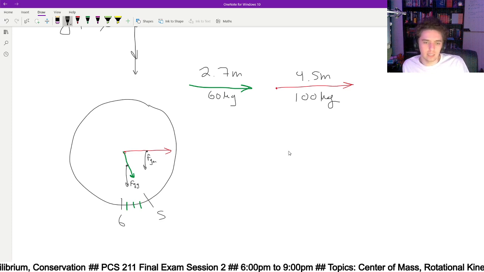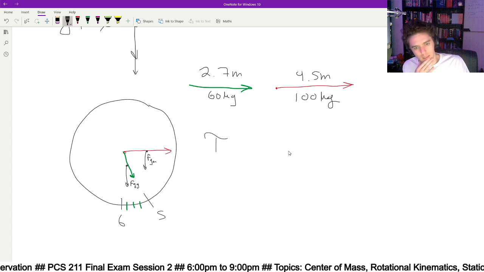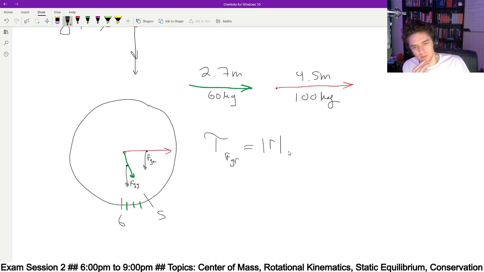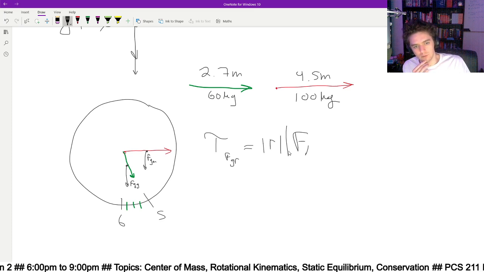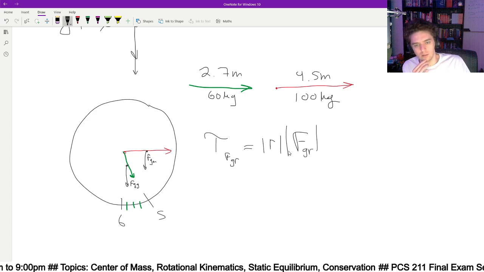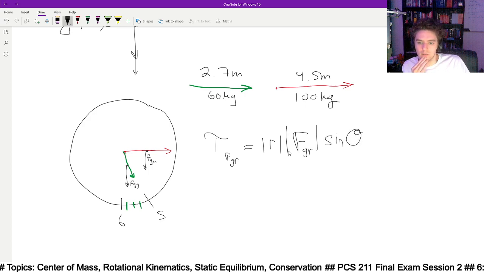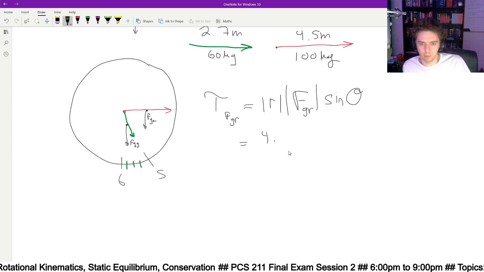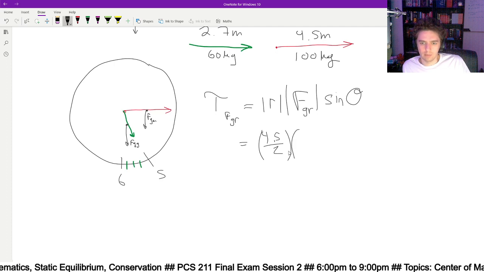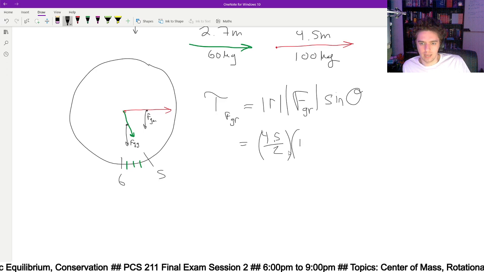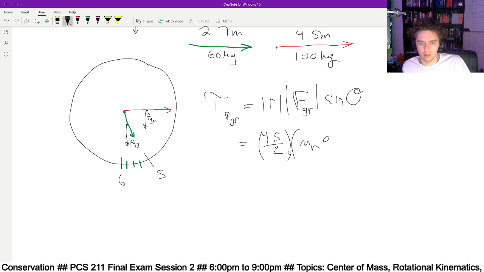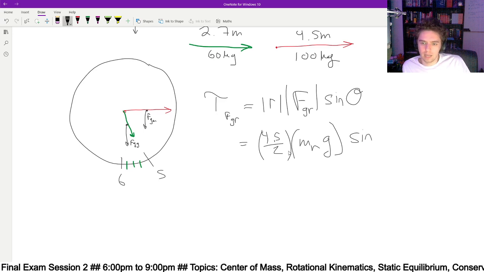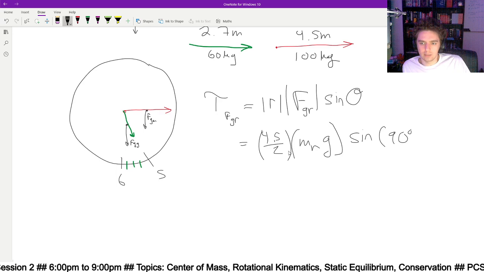Let's calculate each thing individually. The torque done by FG red is the distance from the axle times the magnitude of the force of G red, times sine of the angle between those two things. So that's half of that length, 4.5 over 2, times FGR, which is mr g, mass of red times gravity, times sine of that angle, which is just 90 degrees.